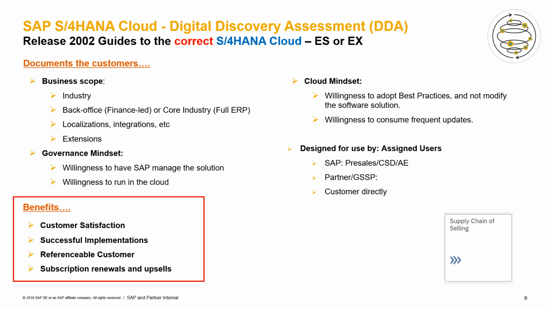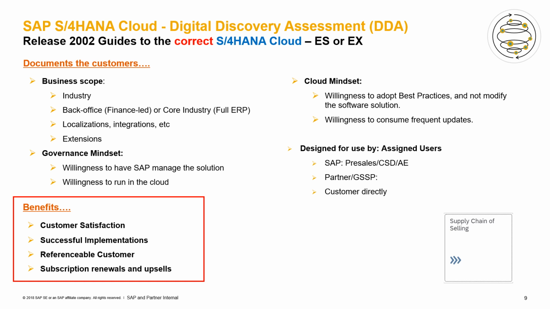The benefits here are that you eliminate confusion in talking about either the Essentials Edition or the Extended Edition, formerly multi-tenant or single-tenant, cloud SAP S4HANA Cloud solutions with your customers. At the end of the day, you will be talking to your customer about one S4HANA Cloud solution because you'll be proposing either the Essentials Edition or the Extended Edition, but not both.